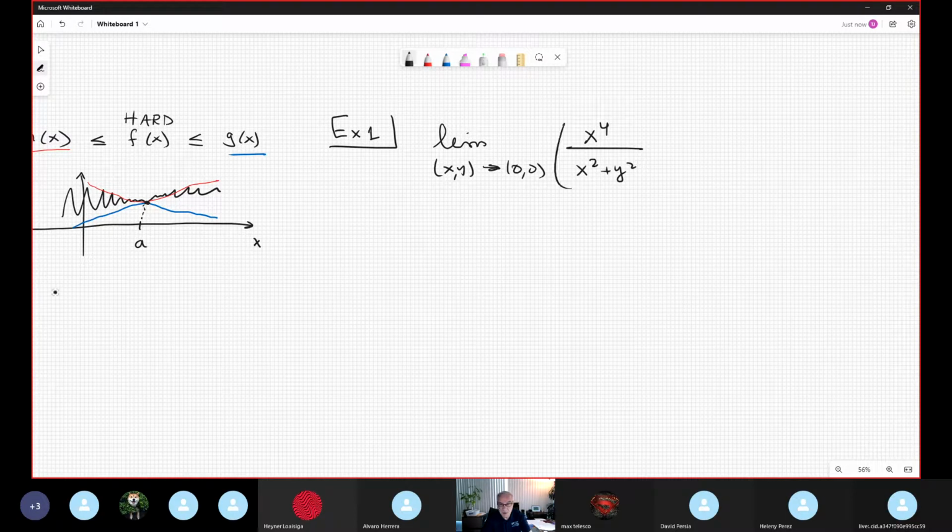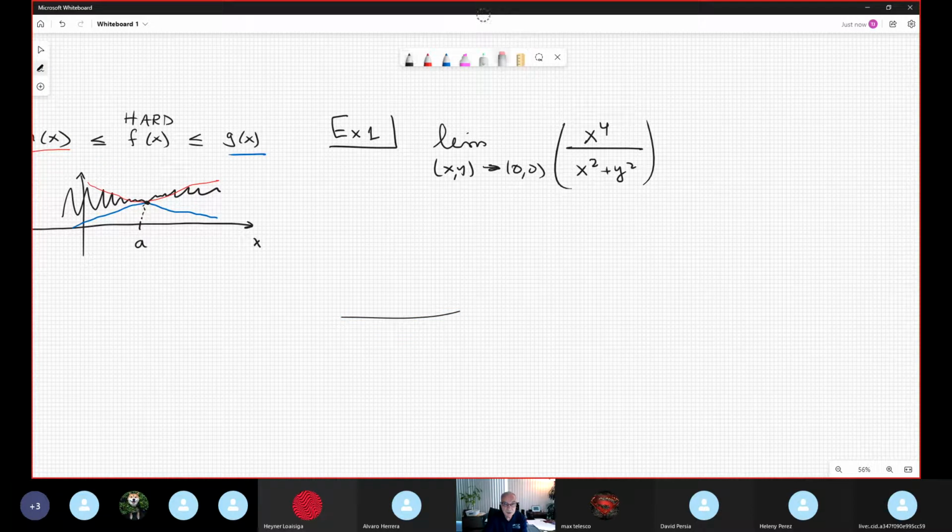And in this example, you say, well, professor, I can do it in polar. Yes, you can, and you get the same answer. This is the beauty of mathematics, right? However, in this case, I want to explain using Squeezy.